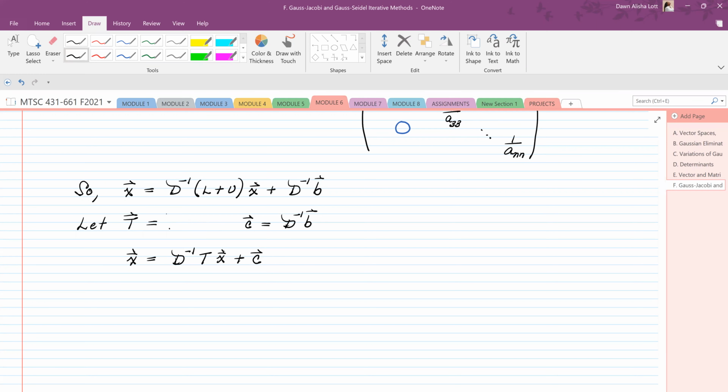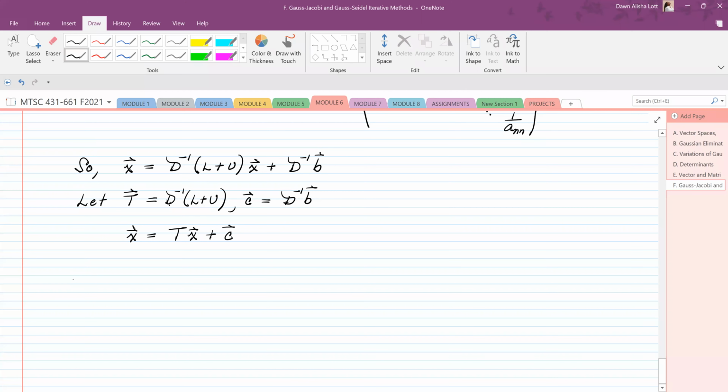Just put D inverse times L plus U. So then there's no D inverse. So now it's just TX plus C. And so here's the iteration.